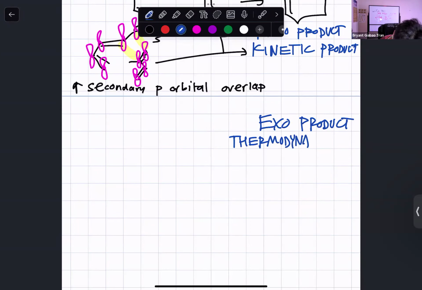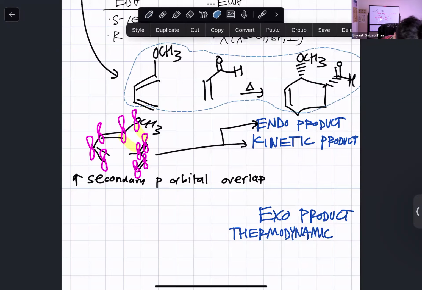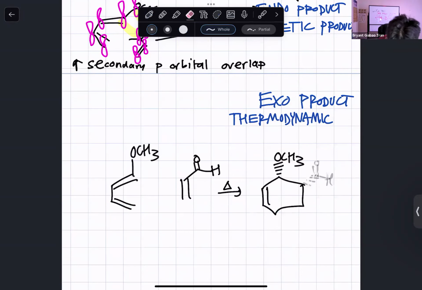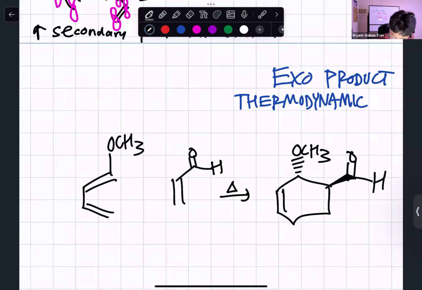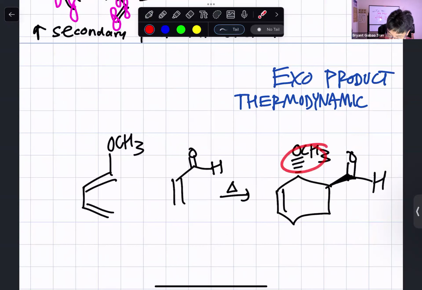If we use the same reactants as I did right here, the thermodynamic product, or the exo product, would be if the out group is trans to the EWG. So this is the exo product, because this is the overall more stable product, avoiding steric hindrance.